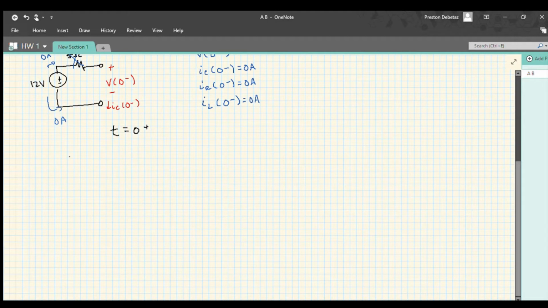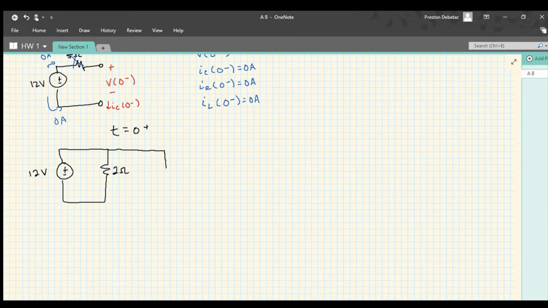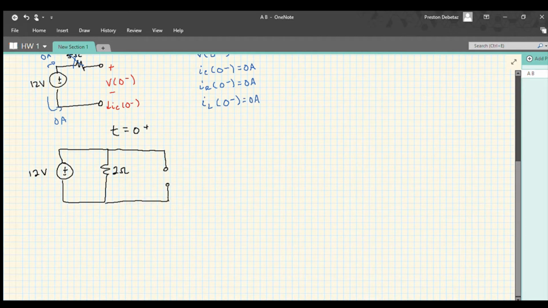However, the voltage across the capacitor cannot change instantaneously, so we're going to replace that with a 12 volt voltage source, which is connected in parallel with this 2 ohm resistor, and then also with this 1.6 henry inductor.